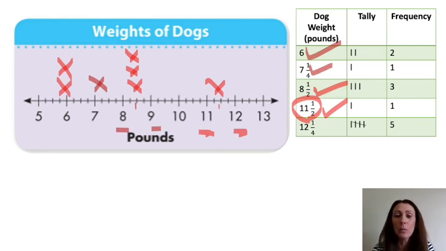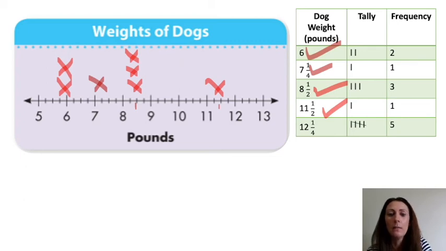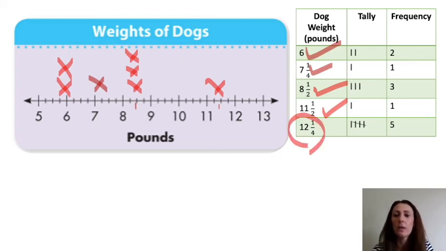Now, I'm hoping that you went ahead and looked at the next piece of data and where it needs to be plotted. What would be the next piece of data? Right, that 12 1/4. Now, 12 1/4 is between what two whole numbers? Right, 12 and 13. And if I go back, because I'm a great mathematician, you're a great mathematician, you can count by fourths, you know that the next mark after the whole number is 1/4.